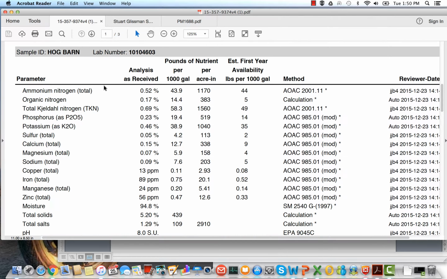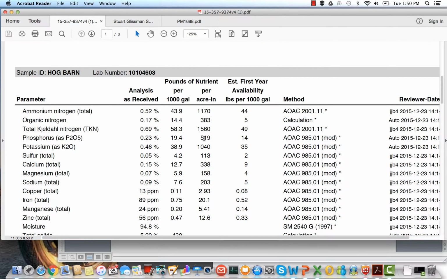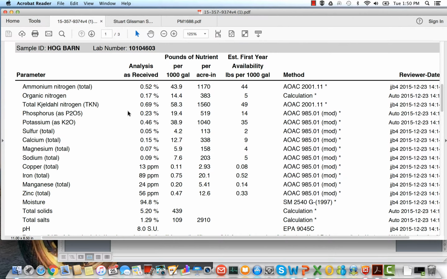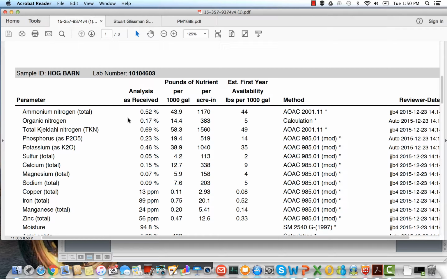And here with this hog lagoon, a lot of the nitrogen is actually ammonia, since this is a liquid product, and we see that down here when we get to our moisture and total solids, this product is 95% liquid, only 5% solids, which of course if you took the sample you'd know that, because it was pretty obvious when you pulled it.